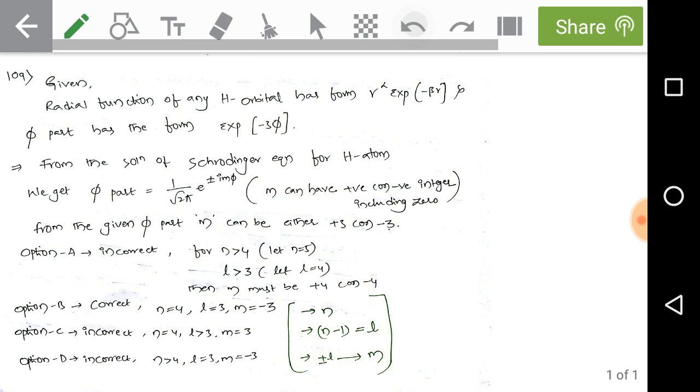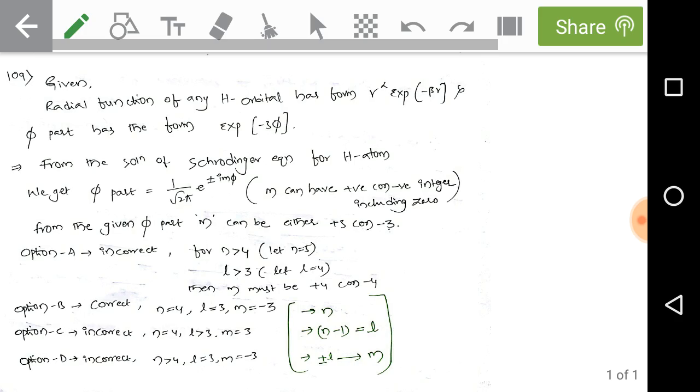Okay, but whenever n value is 5, l value here is 3 only, that's why it is incorrect, because we know that whenever the principal quantum number is n, l value must be n minus 1. Okay, l value must be equal to n minus 1.